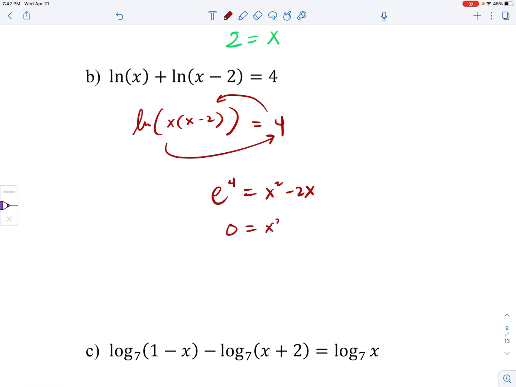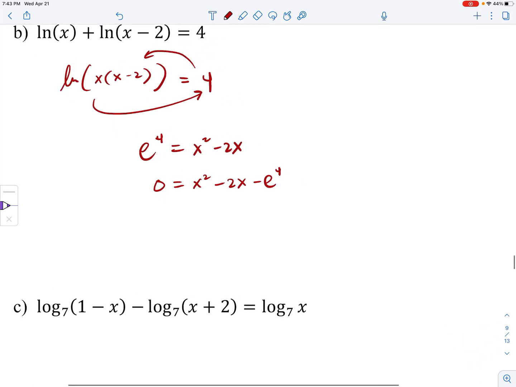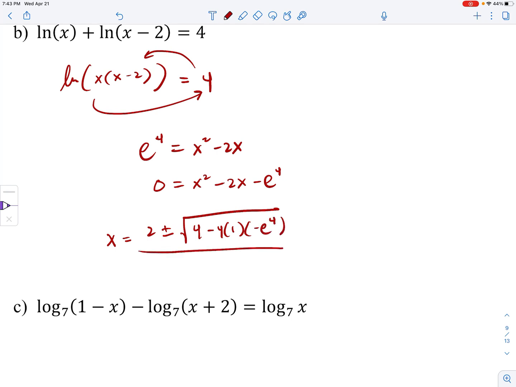And then this really turns into a quadratic. You couldn't factor this, so e to the 4th is our constant, our c. So we can use the quadratic formula to find the solution here. So x equals negative b plus or minus the square root of b squared minus 4ac, all over 2a.